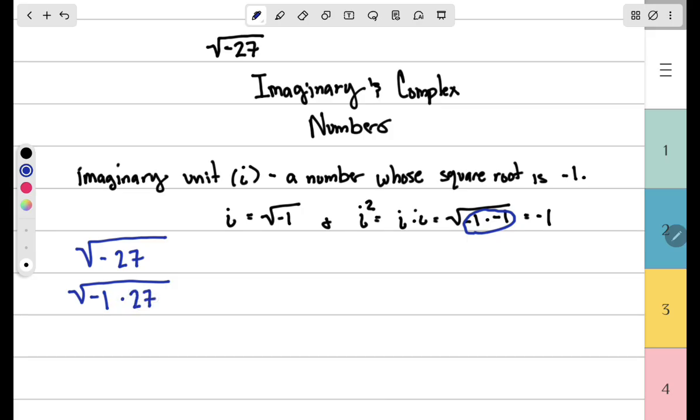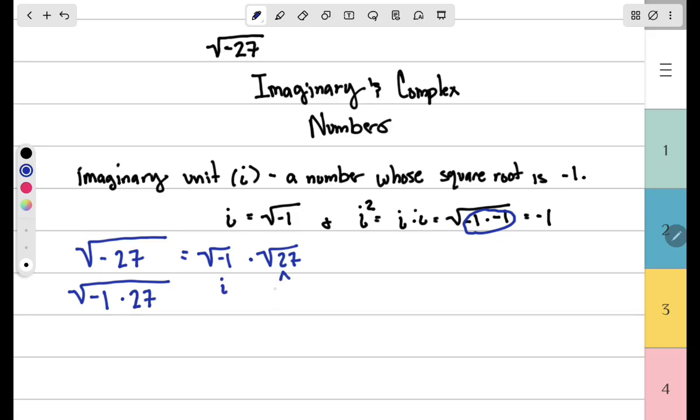So when you see the square root of -27, it's okay to separate that into the square root of -1 times the square root of 27. See that? Now, I've already told you that the square root of -1 is the imaginary unit i. So that's going to be i automatically.